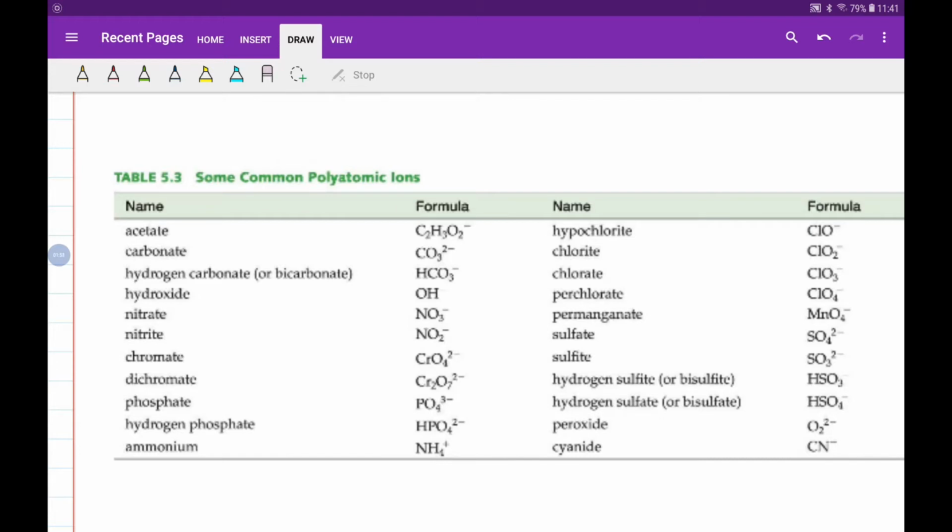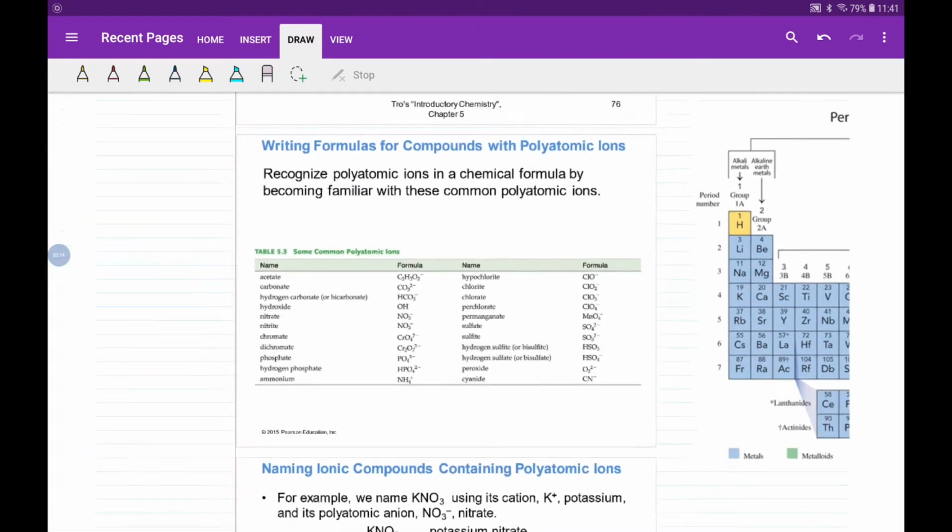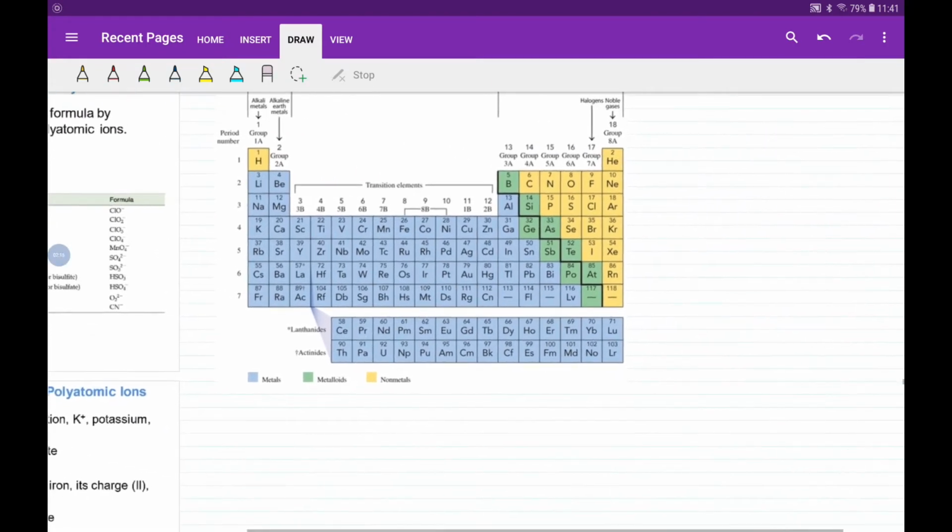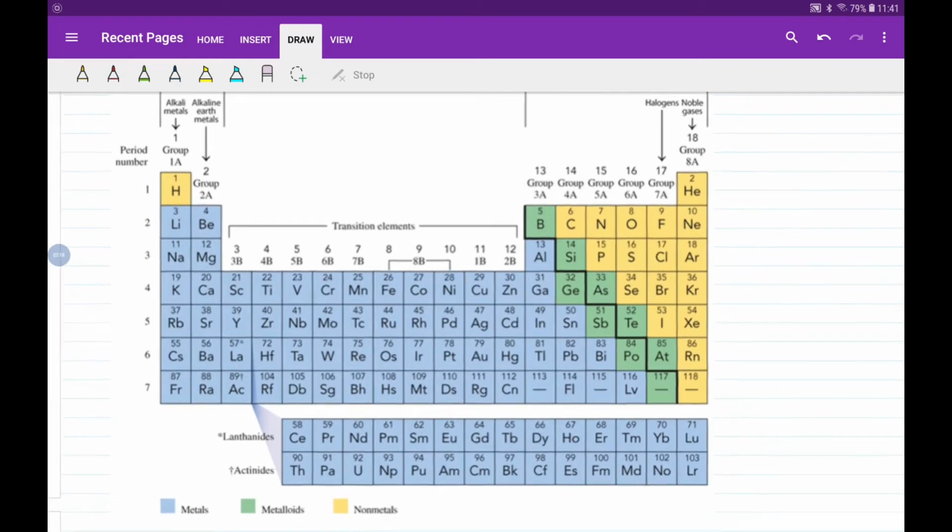But let me see if I can help you find a pattern from the periodic table and some variations on it, in order for you to have an easier time learning this stuff. So let's take a look at the periodic table here. We haven't learned about this yet, but we will down the line.